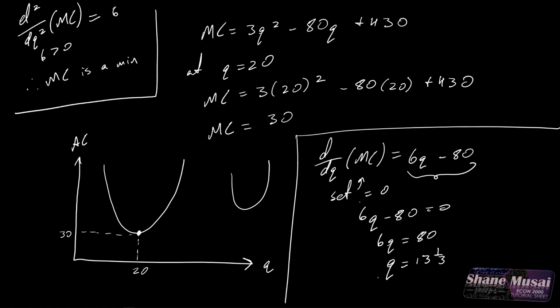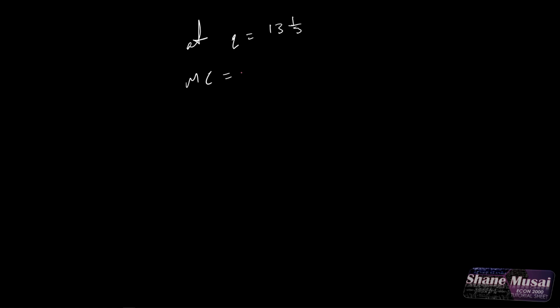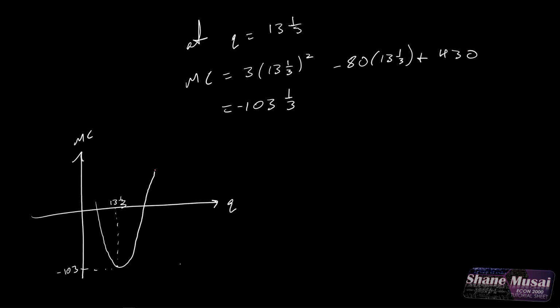And we also know that q equals 13 and a third is its minimum point, but we don't know the marginal cost value at that point. So let's calculate that. The marginal cost would be 3 times 13 and a third squared, minus 80 times 13 and a third, plus 430. If you calculate this value, you should get negative 103 and a third.